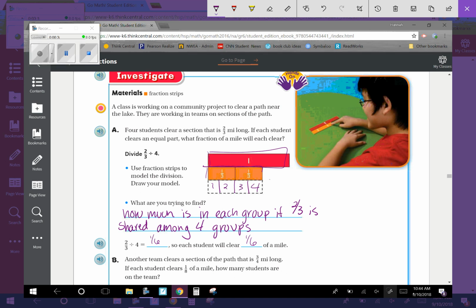But if we think of it out of a whole, we broke each of those 1/3 into 2, so there'd be another one here. So there are 6 total sections, but one group here is only going to clear 1 of the total of 6.